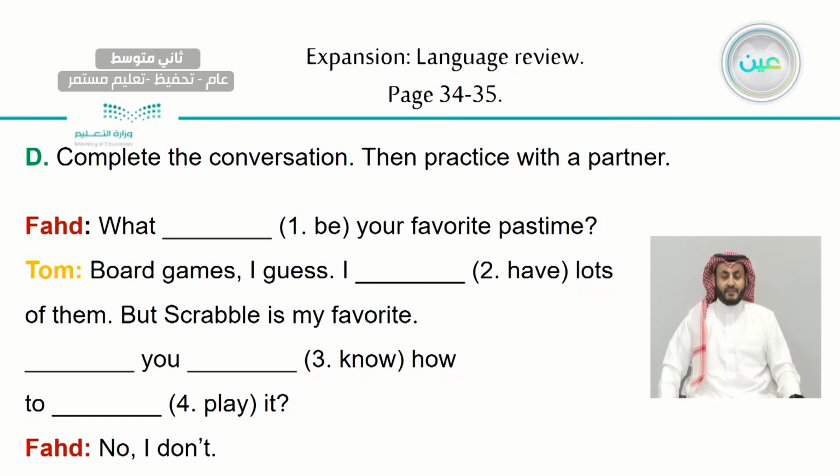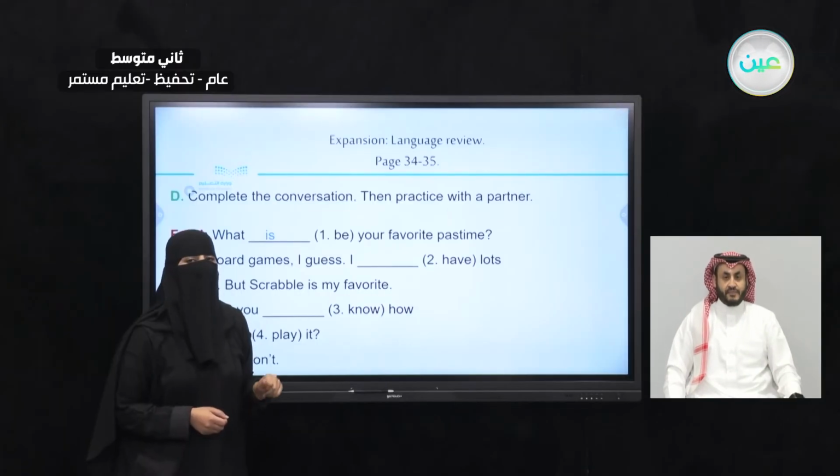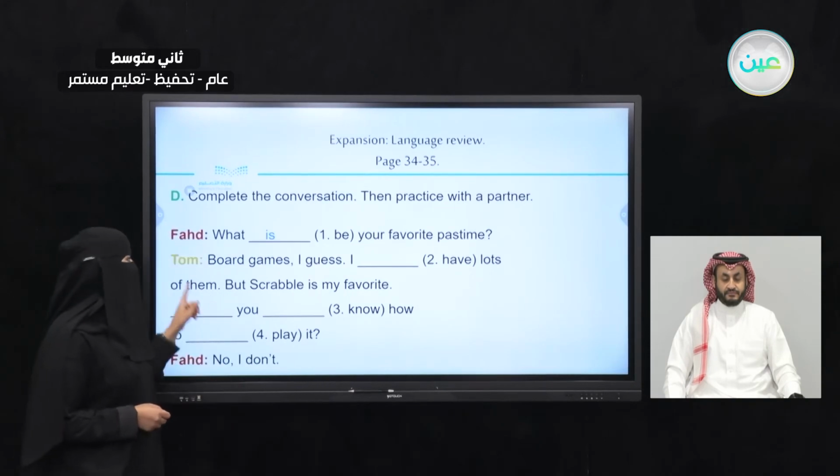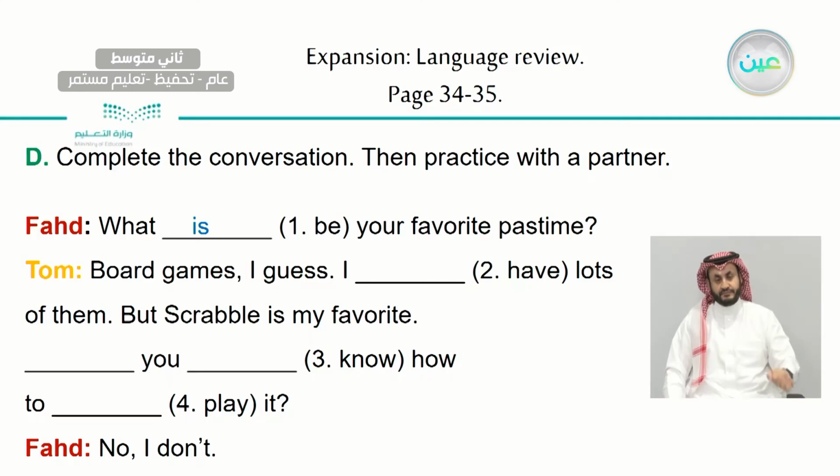So let's start here. Fahad said, what something your favorite pastime? Here we're going to add a verb to be. Which verb to be is suitable for pastime? What is your favorite pastime? So Tom said, board games.